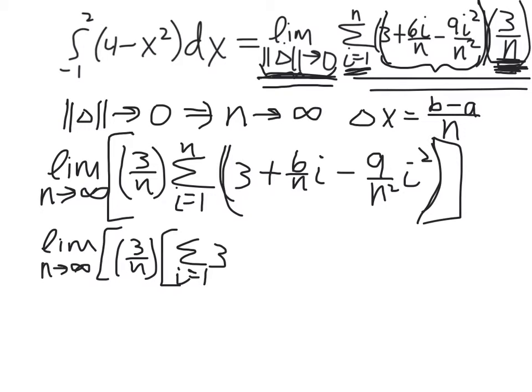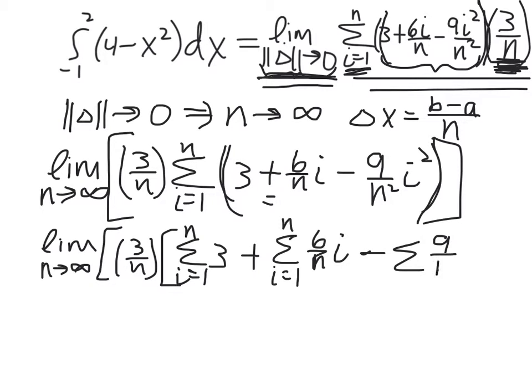First one we can say is the summation of 3, i going from 1 to n, plus the summation of 6 over n times i, i going from 1 to n, and then minus the summation of 9 over n squared times i squared.